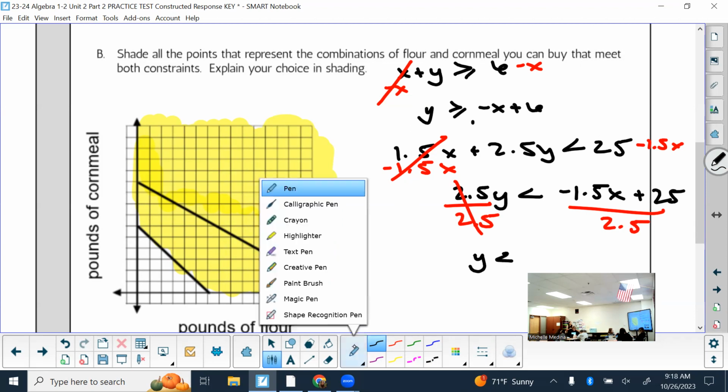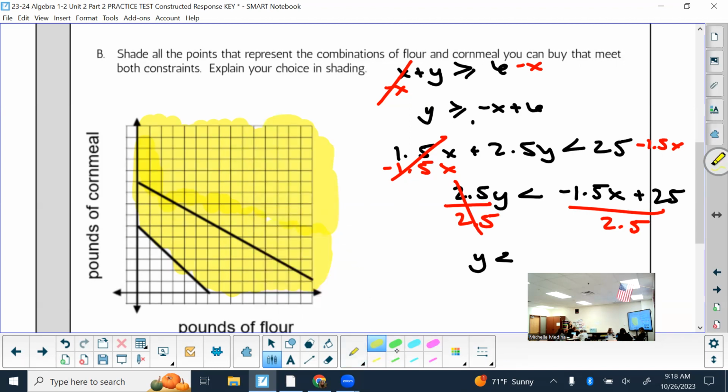When it's y less than, where do we shade, above or below? And it's this line, because we already determined the other line was that one. So underneath this one, you need to shade below that. And it needs to be really clear to me what the solution to the system is. So mine has different colors. Yours, you can shade darker where the solution is.